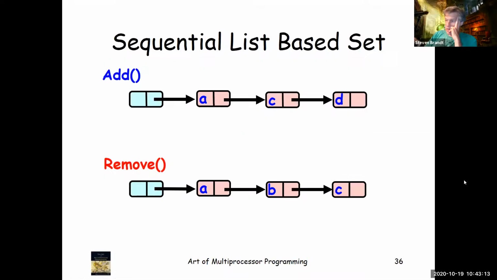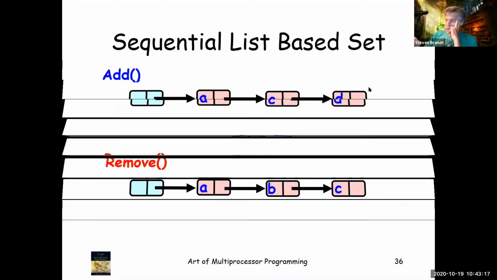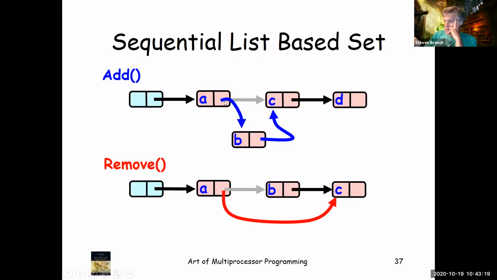If we start with A, C, D, and A, B, C like that, then if we want to add an item, what we're going to do is swing this pointer down to the new item and have the new item's pointer go to here. When we remove an item, we want to swing this pointer from here to here. Now, we haven't drawn the tail sentinel nodes in here, but in this case, they're obviously going to be unaffected.